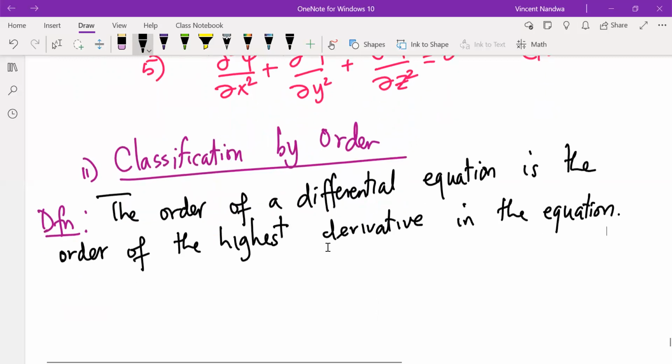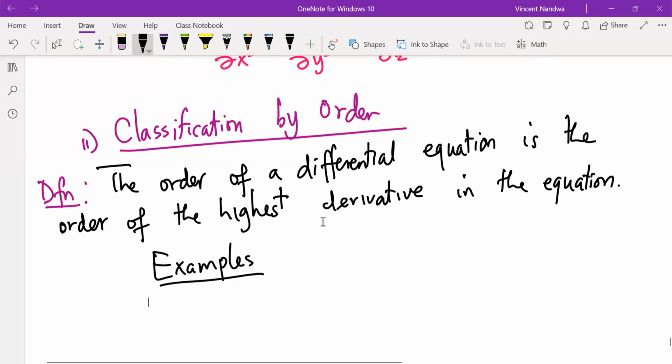So in form of an example, state the order of the following.